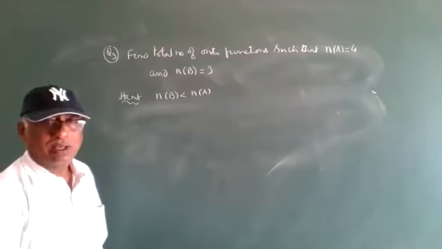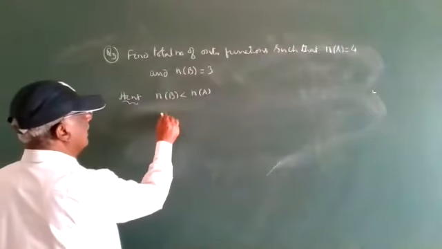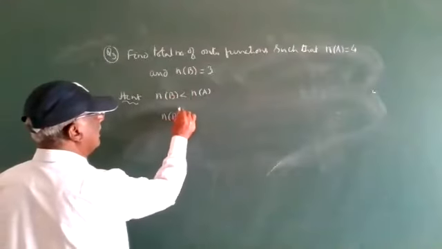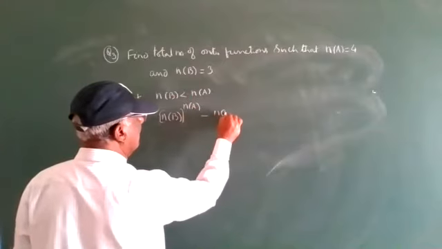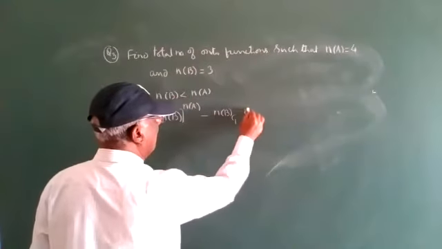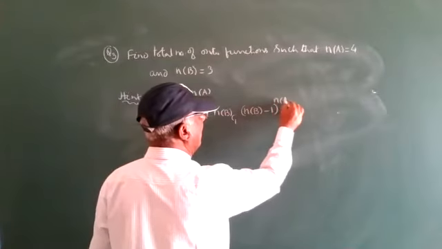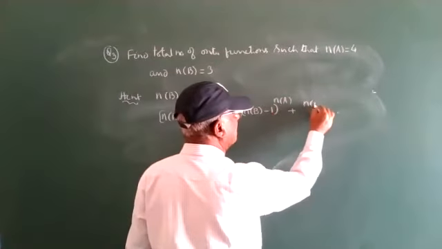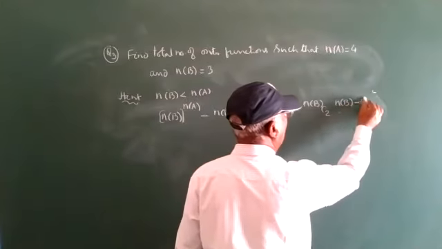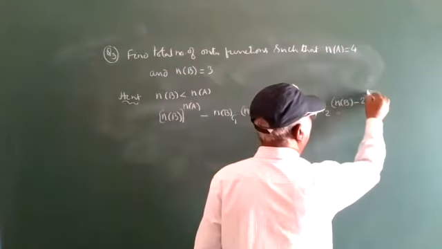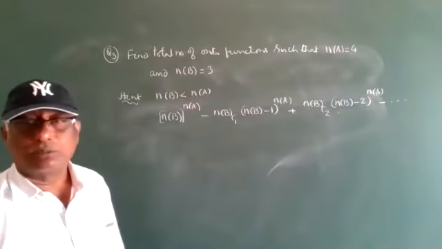The formula is n of B to the power of n of A, minus n of B c1, n of B minus 1 whole power of n of A, plus n of B c2, n of B minus 2 whole power of n of A, and so on up to 0.